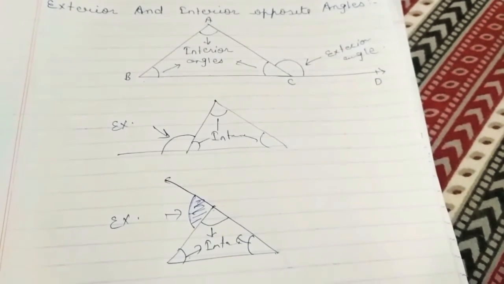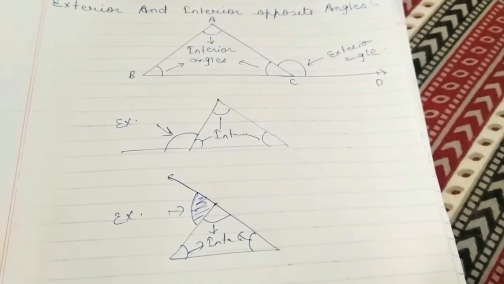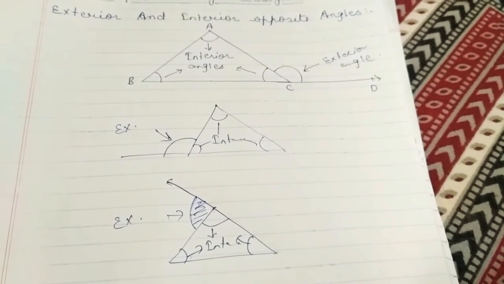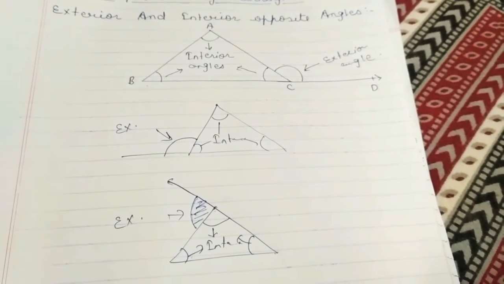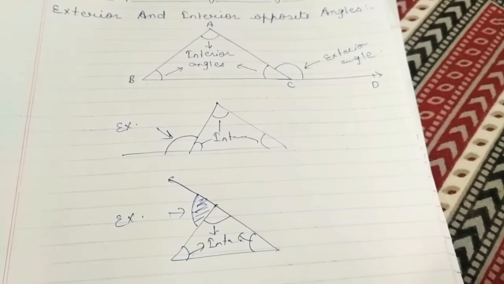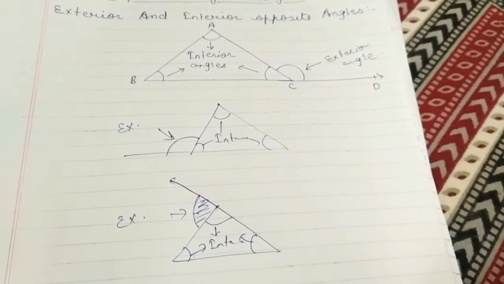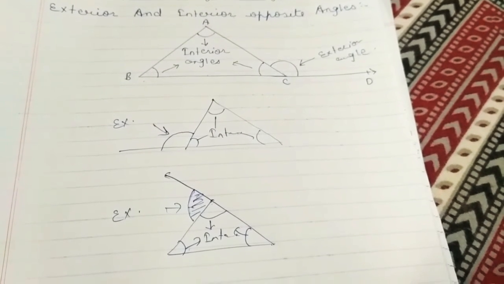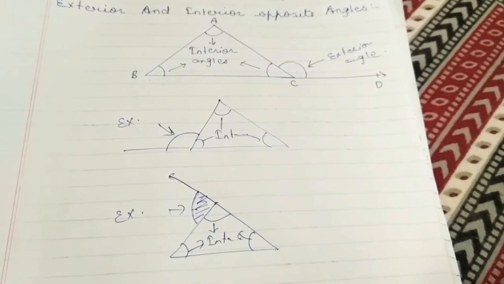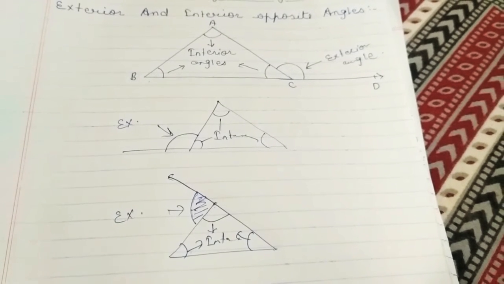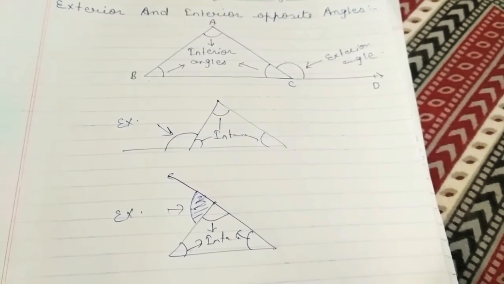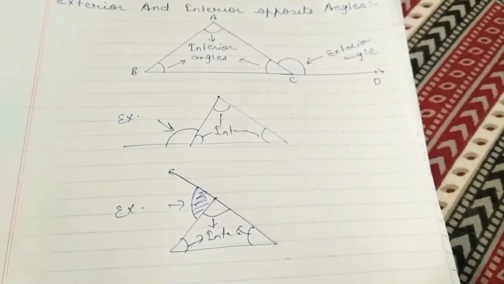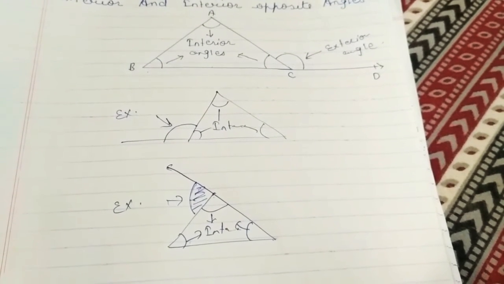So in simple words, angles which are made inside the triangle are known as interior angles, and angles which are outside of the triangle are known as exterior angles. So by this explanation you can classify the interior angles and exterior angles.